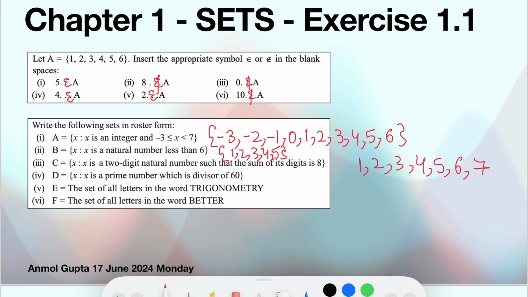So one number could be 17. Another number could be 26, 36, 35, 44, 53, 62, 71 and 80.